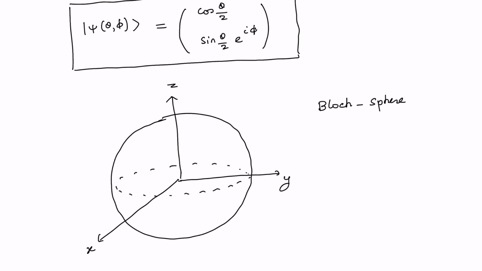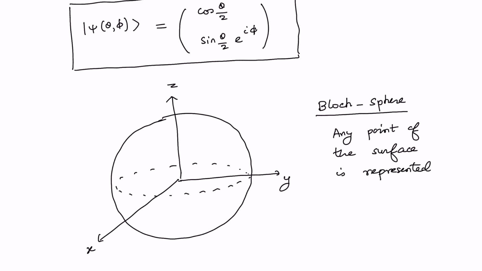Because it is a unit radius sphere, any point on the surface is represented by coordinates theta and phi.